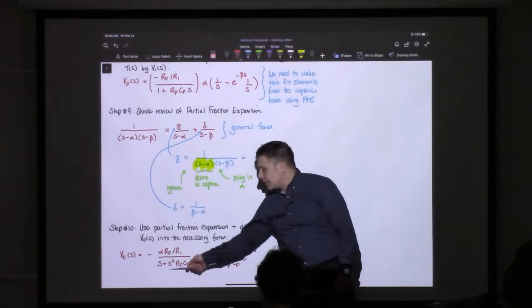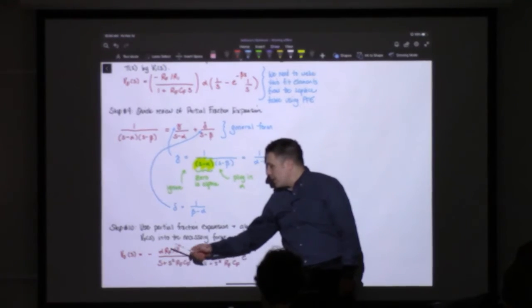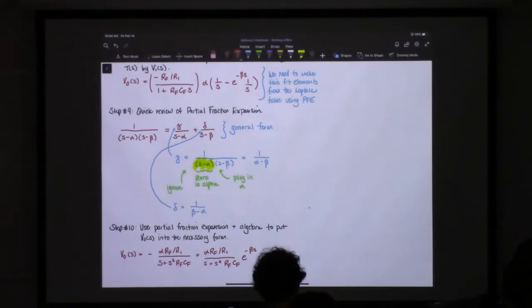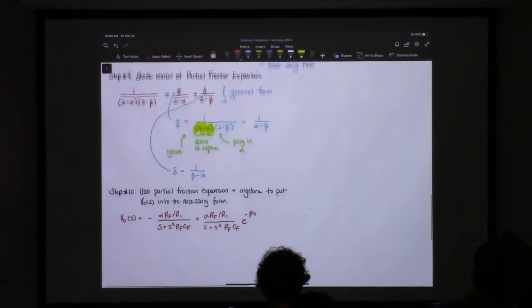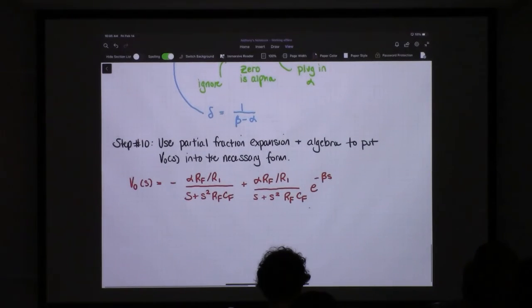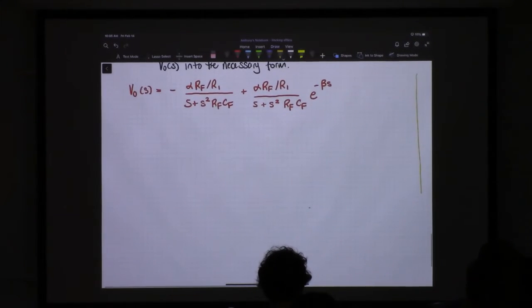Essentially, what we need to do is get this into a form that fits the Laplace table, like I've said a million times. All right, so we're going to use partial fraction expansion right there. And what I'm going to do is address the pieces separately, because we're going to be doing the same partial fraction expansion 2 times.